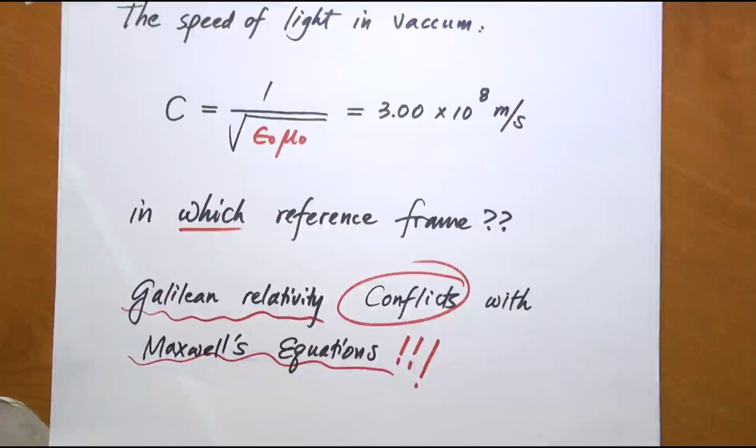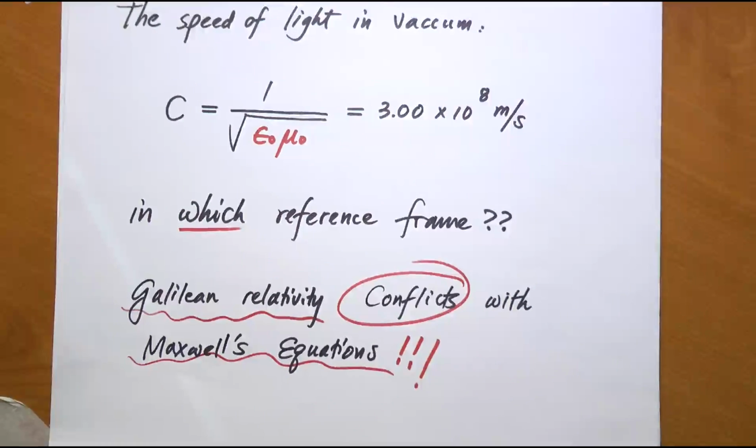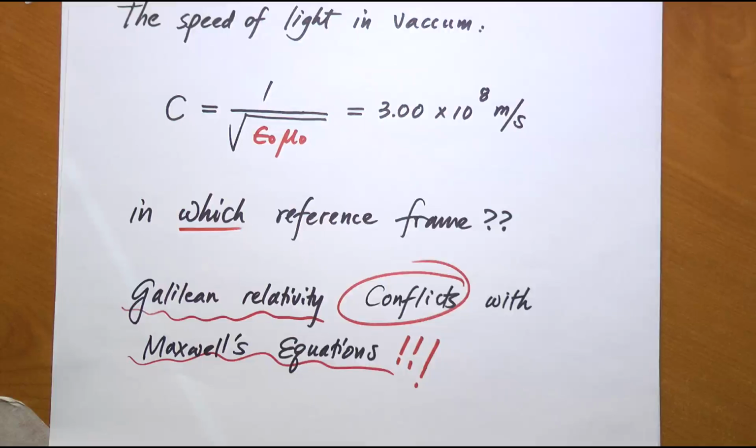If you go to a different reference frame, you're going to change the speed of light. So the laws of mechanics are valid in all inertial reference frames, but you cannot say the same thing for the laws of E and M, because for one thing, the speed of light values will be different in different reference frames. That's according to Galilean relativity.